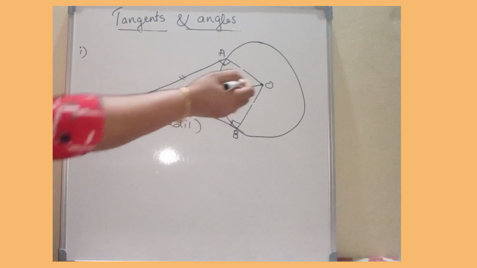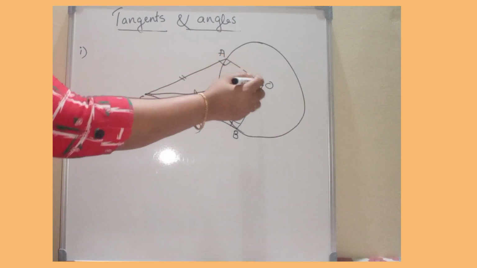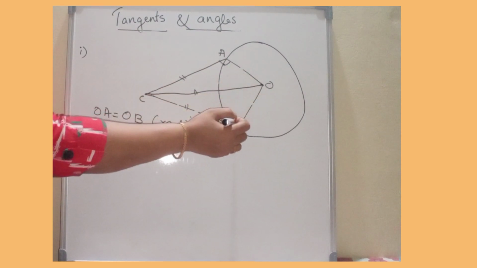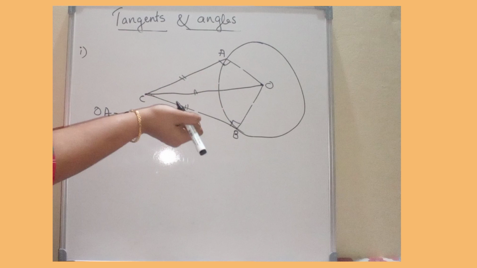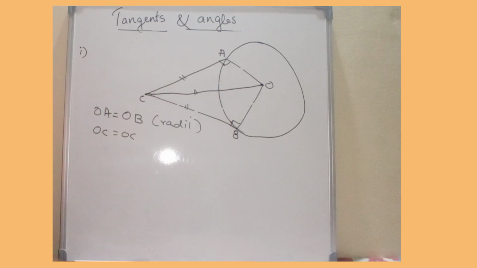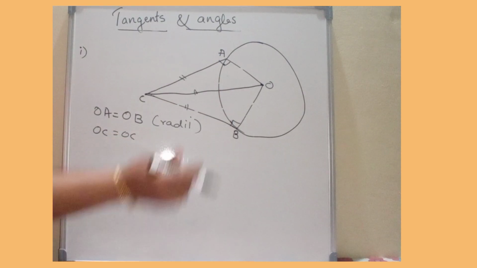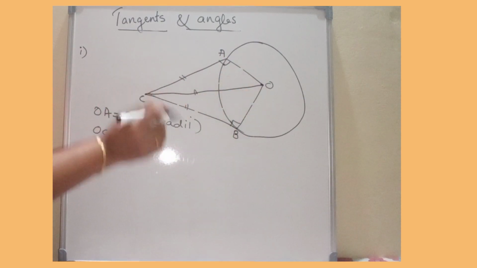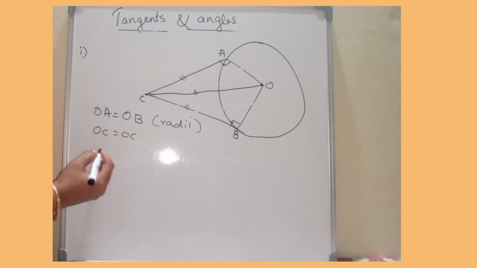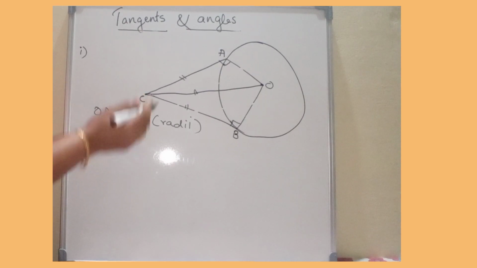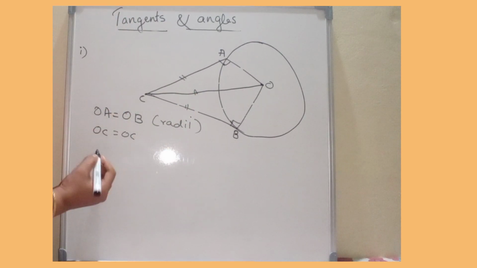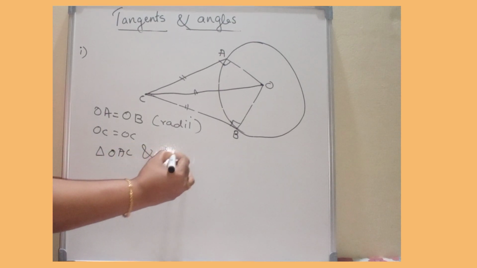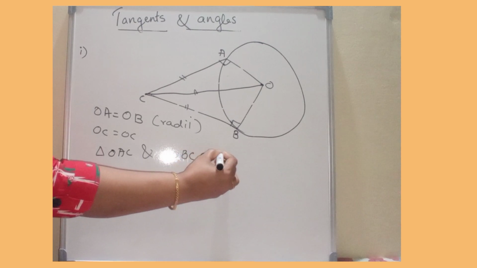If the hypotenuse and one side of a right triangle are equal to the hypotenuse and one side of another right triangle, then these two triangles are equal. So triangle OAC and triangle OBC are equal triangles.